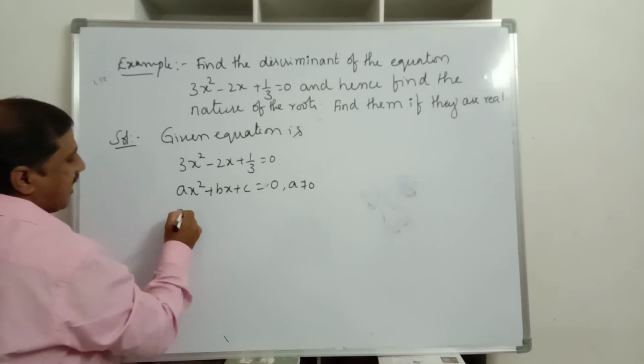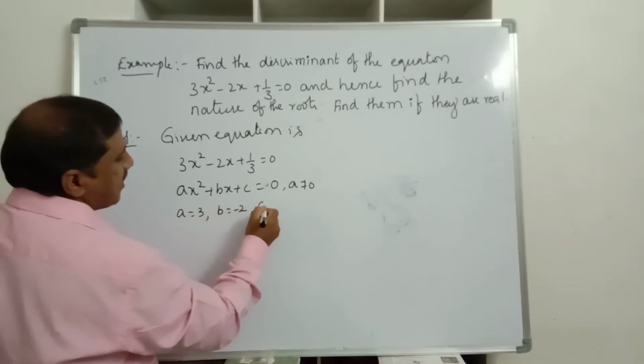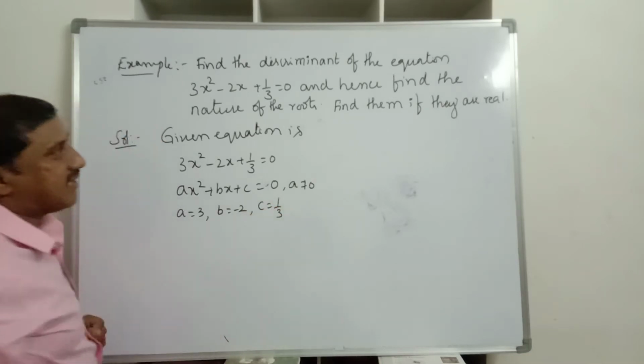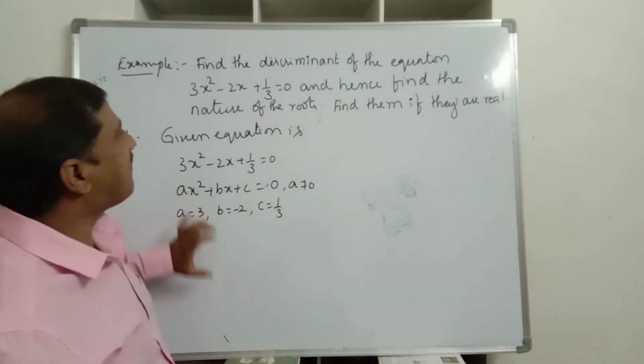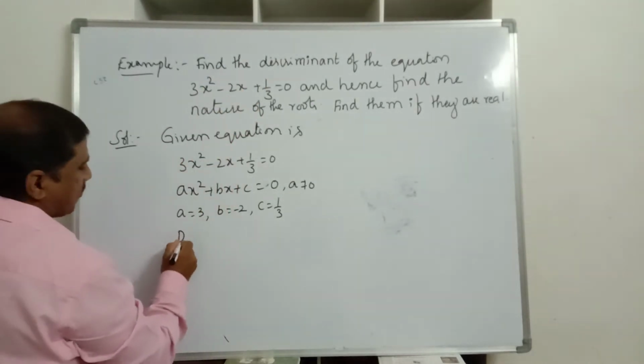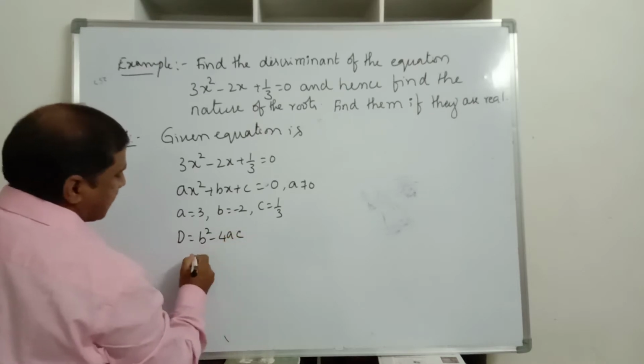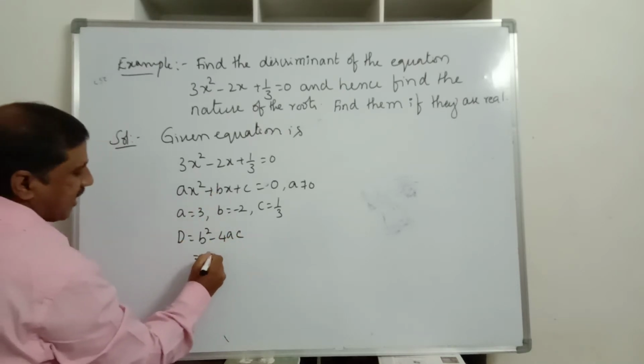From this, a is equals to 3, b is equals to minus 2, and c is equals to 1 by 3. So like this, write the given data from the question. Then find the discriminant. D is equals to b square minus 4ac. Substitute b is equals to minus 2.